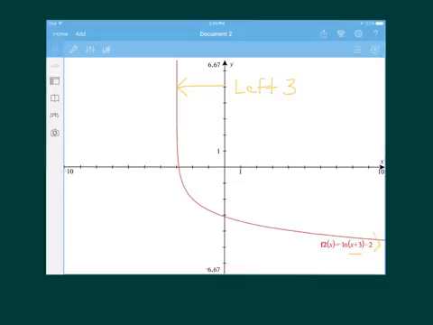To find the number on the outside, what I want to do is I first start at the key point. So the key point is at (1, 0). And I know this whole function's been shifted over left 3 spaces. So that means the key point must be shifted left 3 spaces. So let's go 1, 2, 3. And there's no point there.